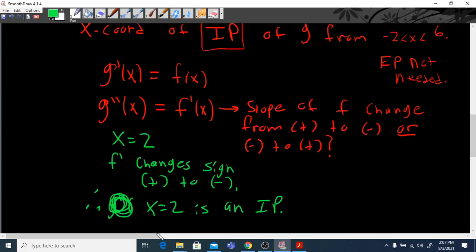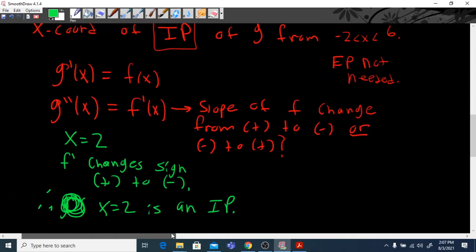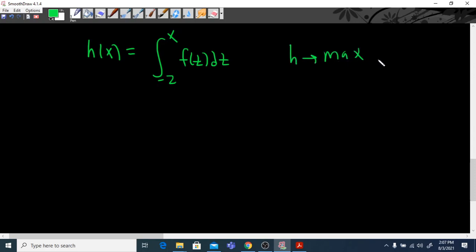So specifically, for part C, it says we have a function h of x, which is the integral from -2 to x of f of t dt. Find the value of x for which h has a maximum. And then it says justify.